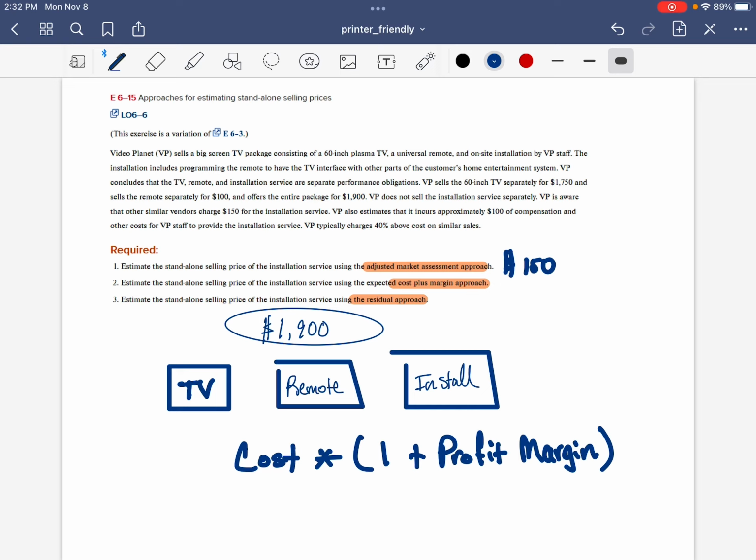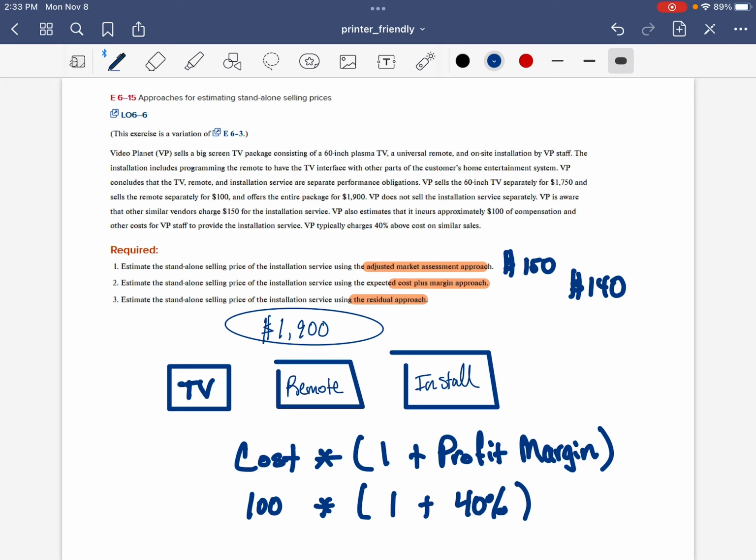Here our cost is 100, and the markup is 40%. So we're going to say 100 times 1 plus 40%, which is 100 times 1.4, or $140. So the answer to part 2 is 140.